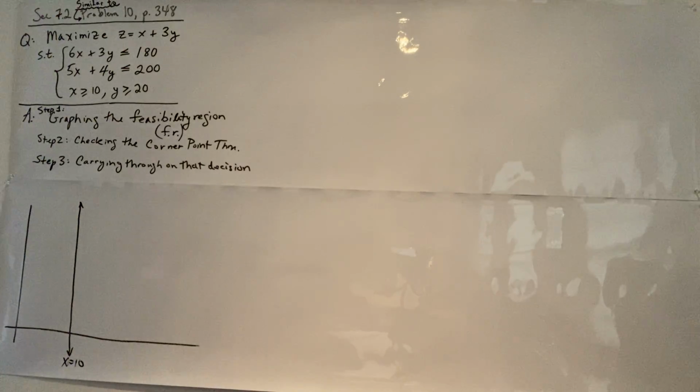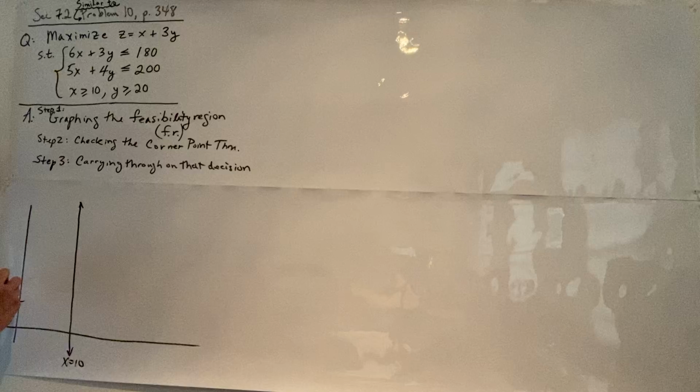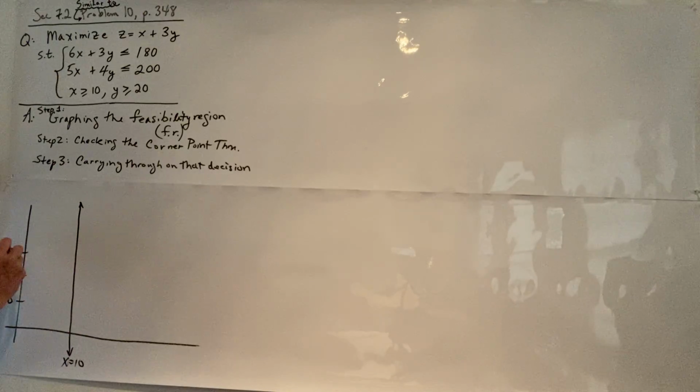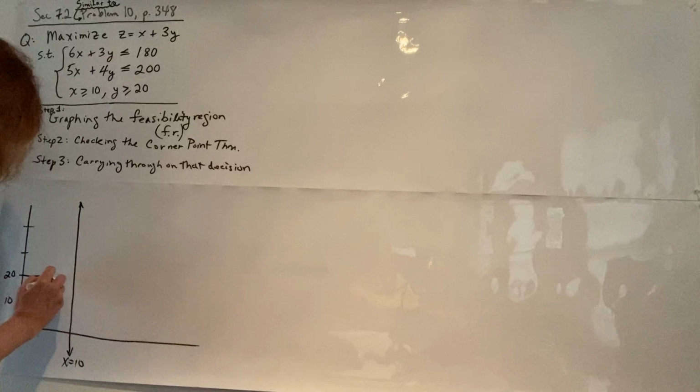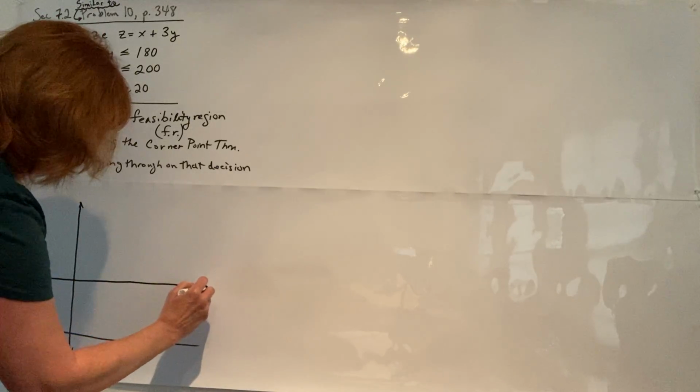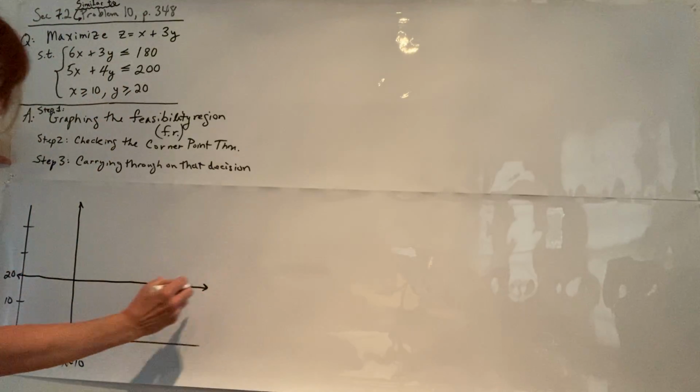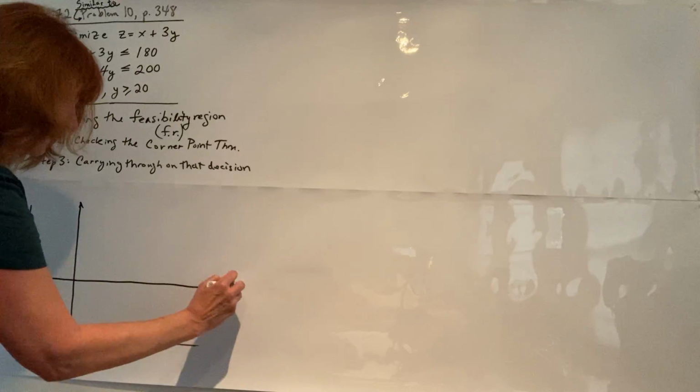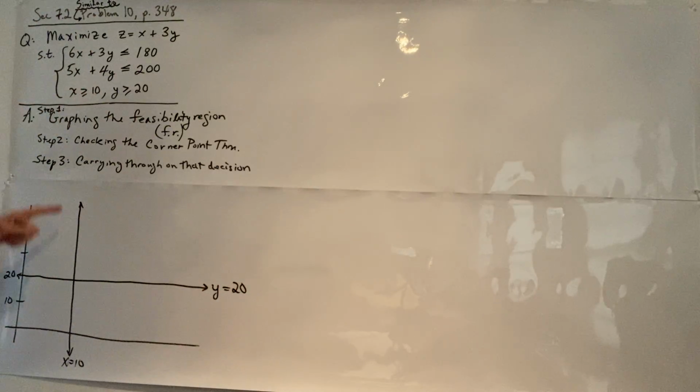let's see. So if that's going to be x equal to 10, now on the y-axis I'm going to have a different scale, right? So if we make this y equal to 10, 20, 30, 40, here's y equal to 20, that's a boundary line. They want x greater than or equal to 10.